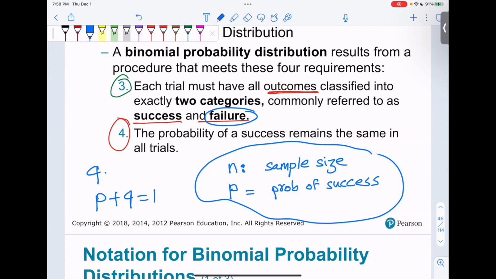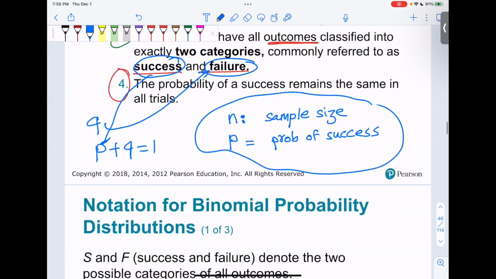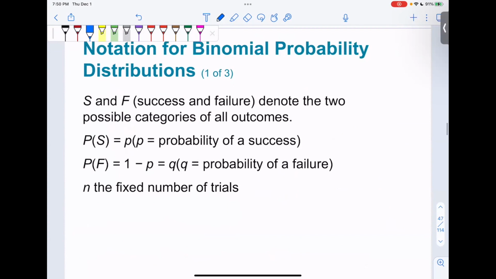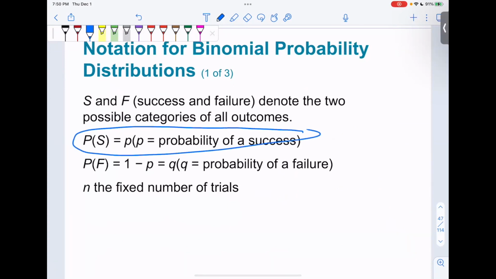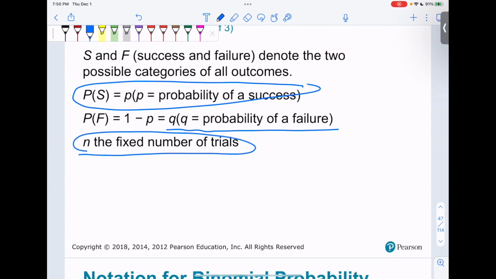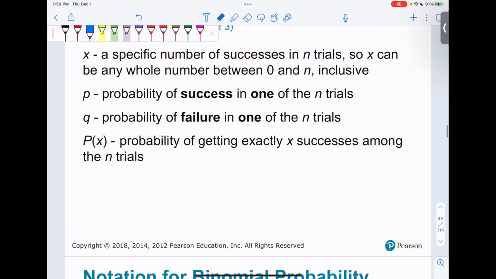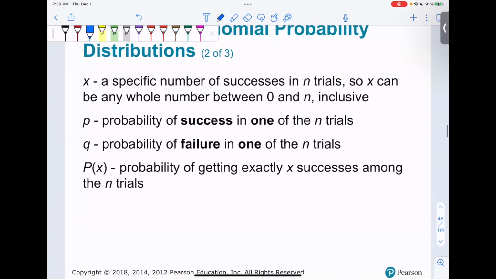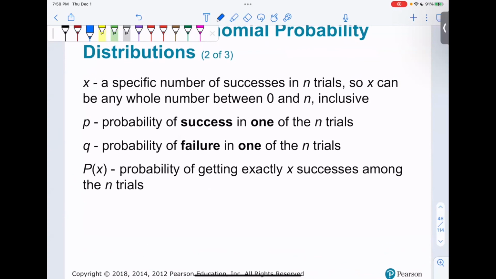And then N is the fixed number of trials. P is the probability of success in just one trial, and Q is the probability of failure in one trial.